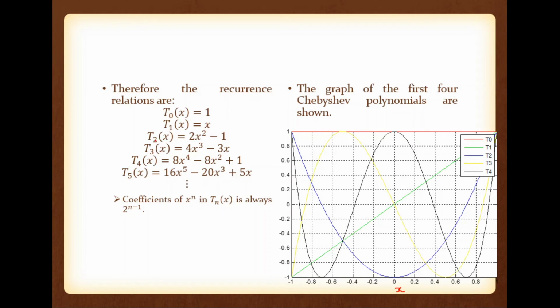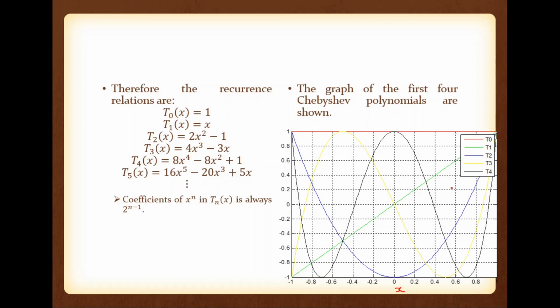What about T2 of x? T2 of x is this blue color. You can see that it is quadratic. It is starting from 1, decreasing to minus 1, meaning at x equal to 0 it is minus 1, then it is increasing back to plus 1.